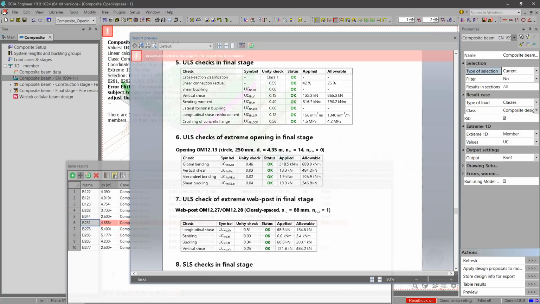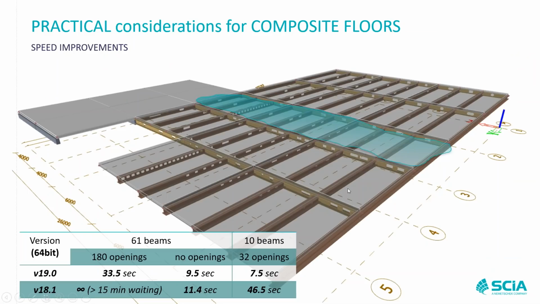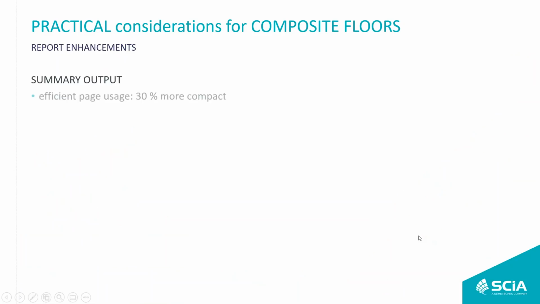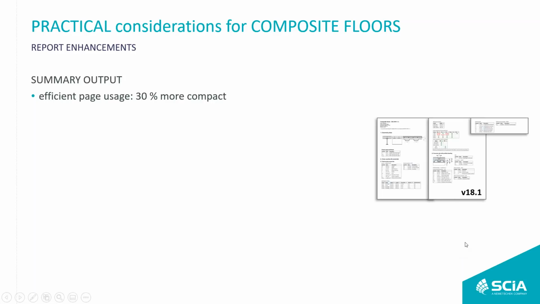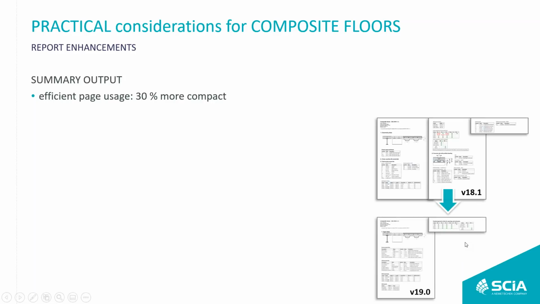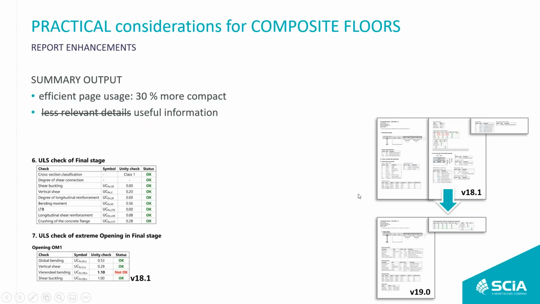So I think that's more or less everything I had, but I will go through my presentation just to remember if I forgot something. The summary output has been made about 30% more compact. Here, the input part was significantly shortened. There's more useful information, and all the irrelevant details were taken out.